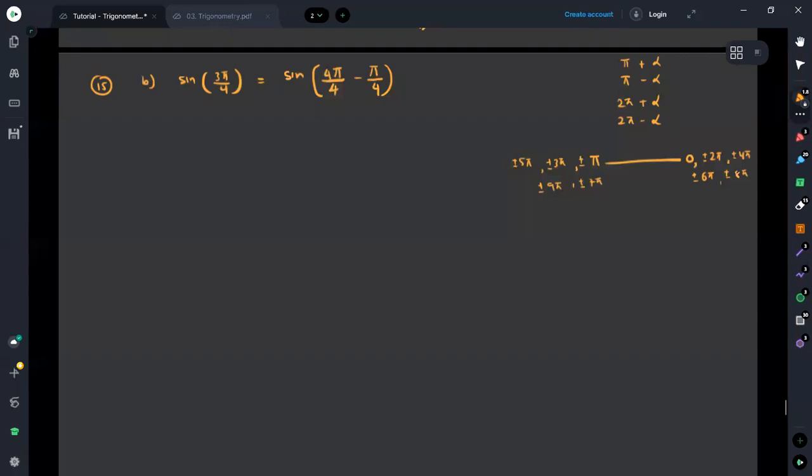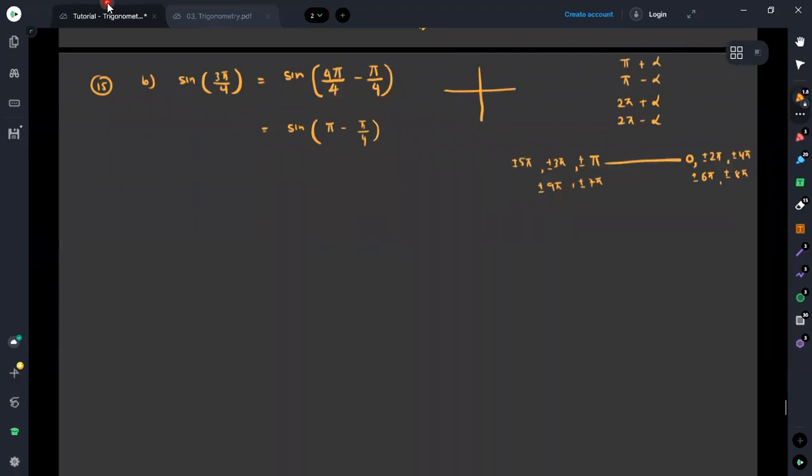Therefore, we now try to find out what we are getting here. Here it is in the form of sine of pi minus pi over 4. Now it is in the form of pi minus alpha. Now we know that if it is at the angle pi minus pi over 4, it falls into the third region. Here we are having pi over 4. Sorry, it is in the second region, not in the third region.